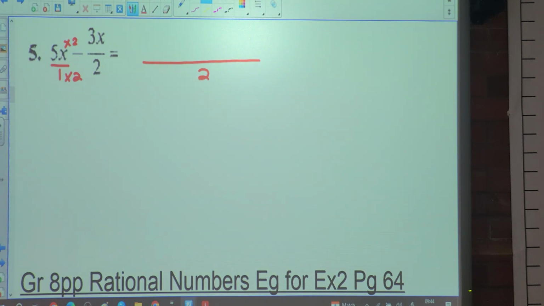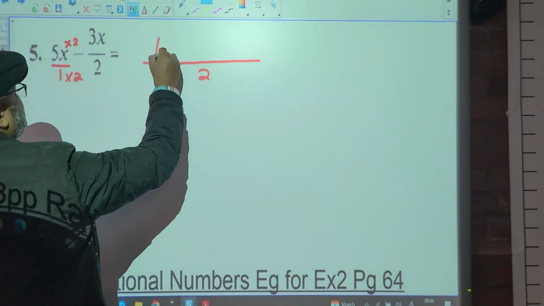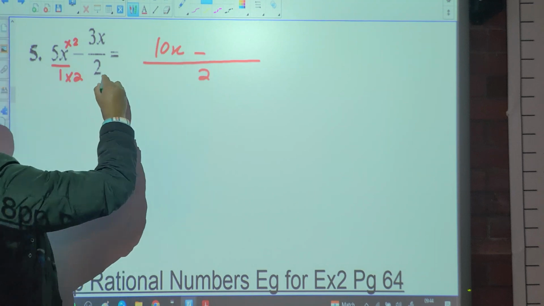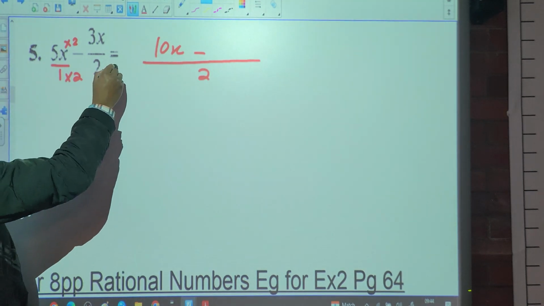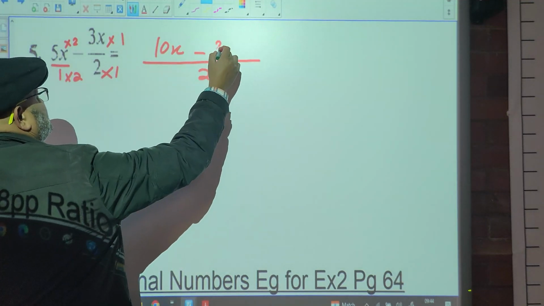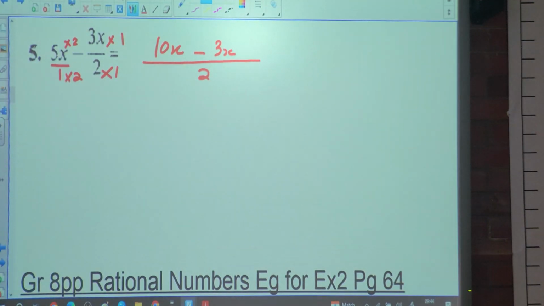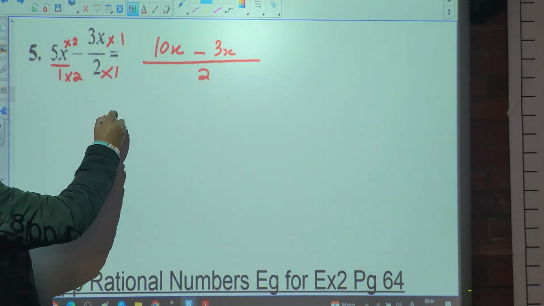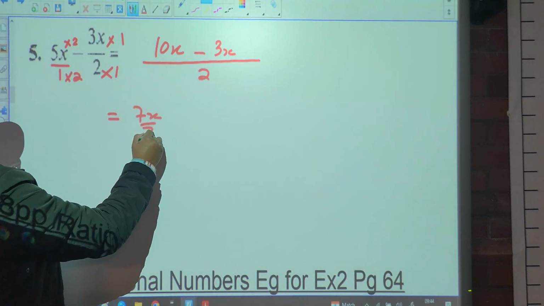What is 5x times 2? 10x. Minus, this must multiply by 1, so 3x times 1 is 3x. What's 10x minus 3x? 7x. It's going to be 7x over 2.